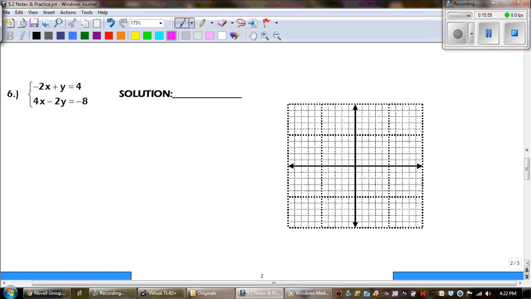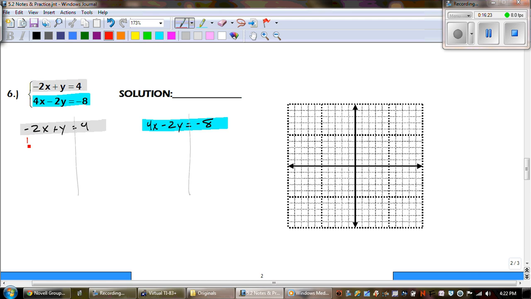All right, last one. So look to see if they're in y = mx + b. If they're not in that, we have to solve, okay? All right, we'll do the first one together.